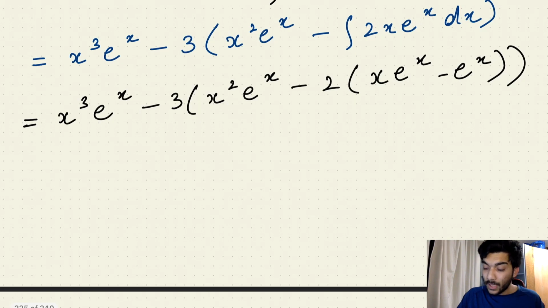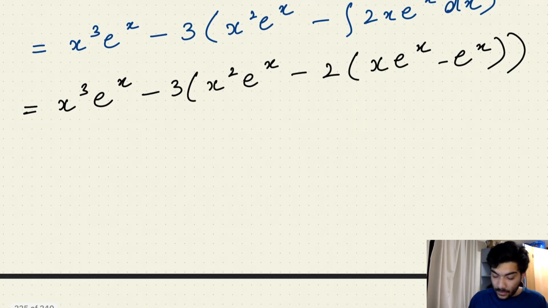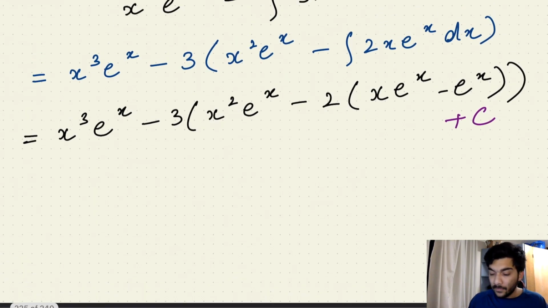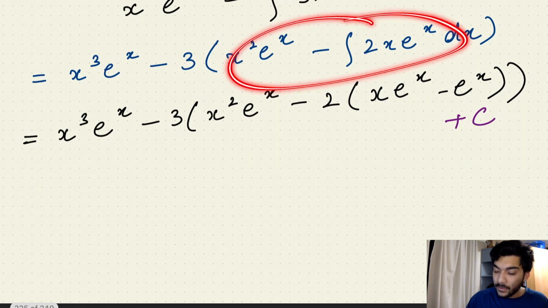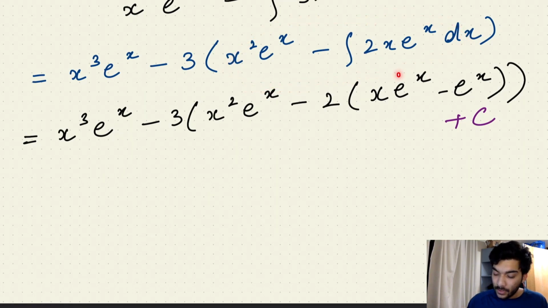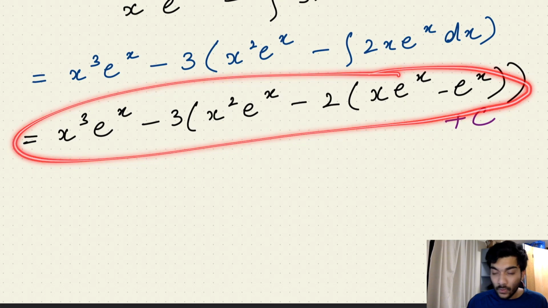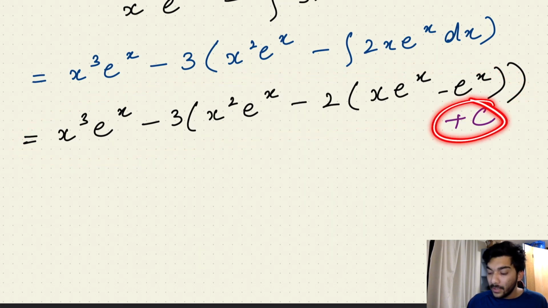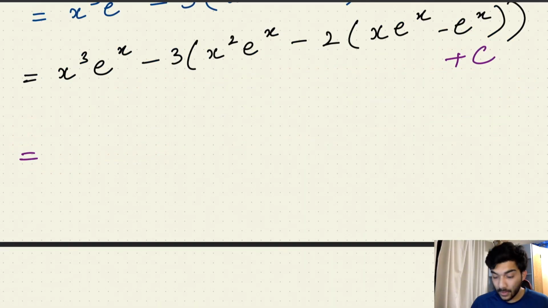So now in order to calculate the final answer, we will add a constant of integration over here as well, right? Because now we have simplified all the indefinite integrals in our original expression. So we have this expression with no indefinite integral, so that is why we added a constant of integration in this case. Okay, so now let's further simplify this expression over here.